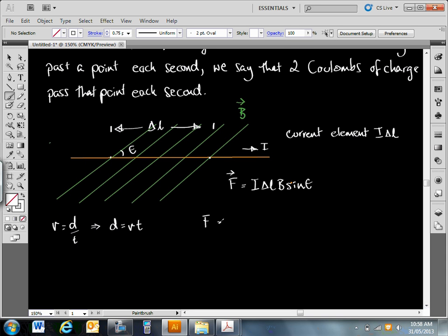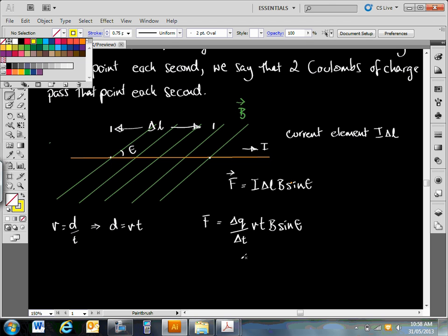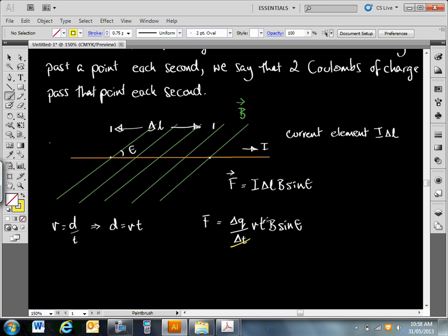F is equal to delta Q on delta T, substituted for I, times vt, substituted for delta L, B sine theta. We can cancel some stuff, namely just the time, they cancel out.